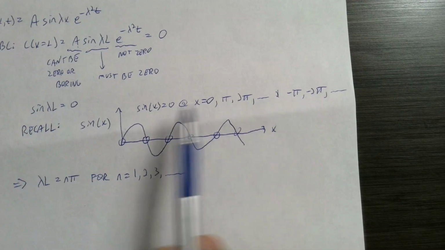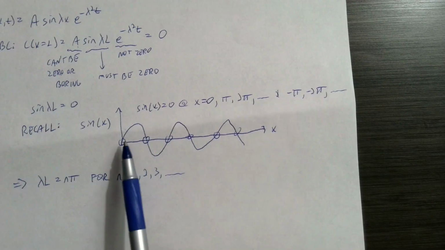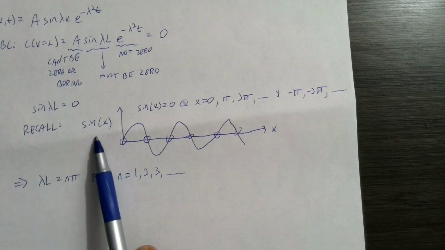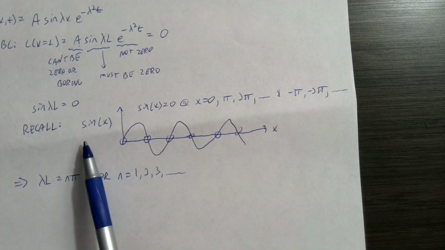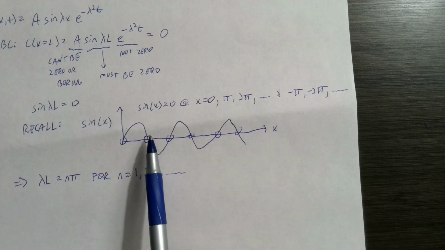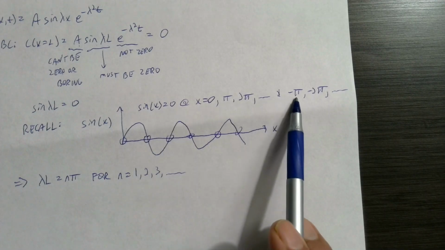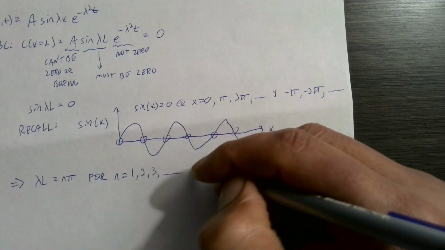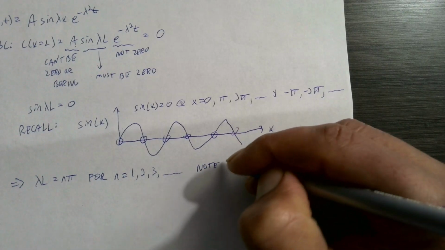The negative, so sine functions have a property that the sine of negative x is equal to negative sine of x. So it turns out that the negative solutions are not linearly independent.